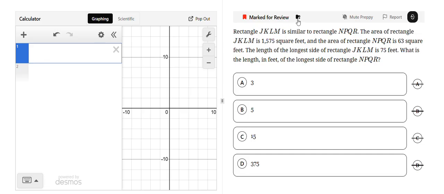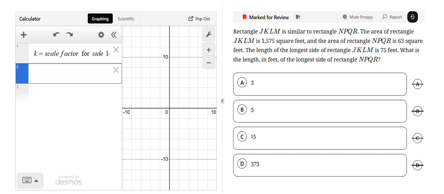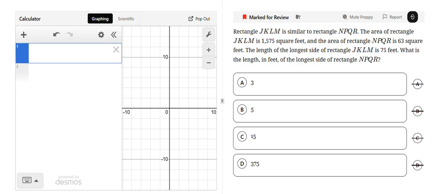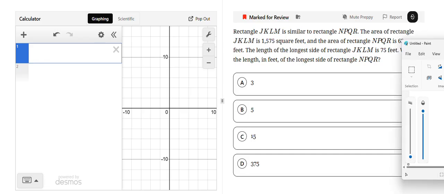So we know that the two rectangles are similar to each other, and the area of rectangle JKLM is 1575 square feet, and the area of rectangle NPQR is 63 square feet. The longest length is 75 feet. So just like how I did this, I want to draw some rectangles.